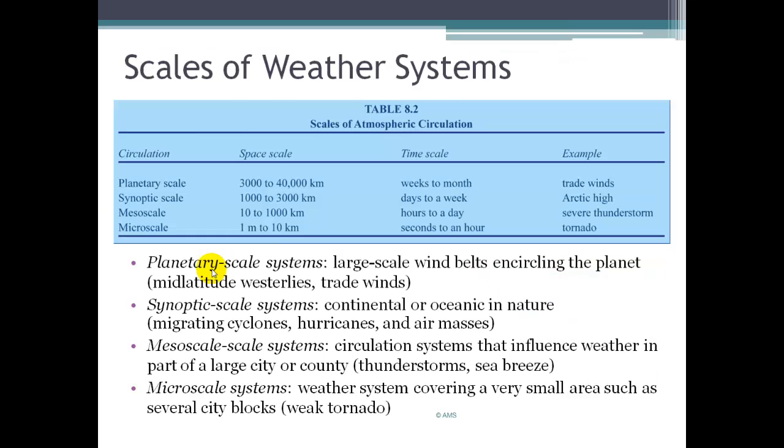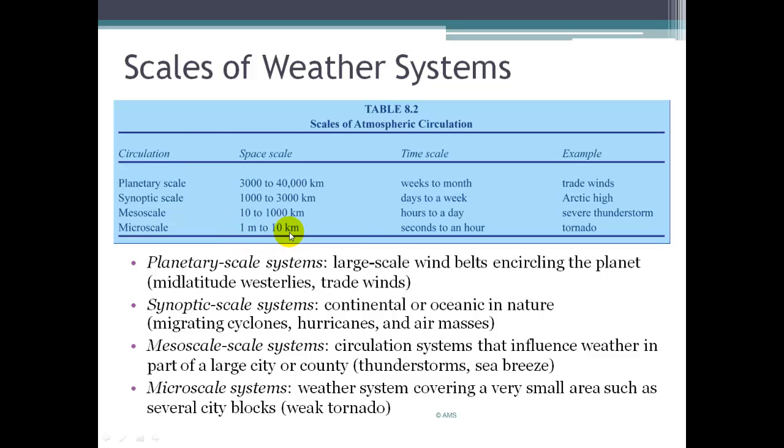Finally, there are different scales of weather systems. When we talk about meteorology, we usually break it down into the scale. And here we see the 4 basic scales, starting with microscale systems. Here we're just looking at winds, but you can really break this down into any phenomenon. But for microscale, you can see that the space involved is 1 meter to 10 kilometers.